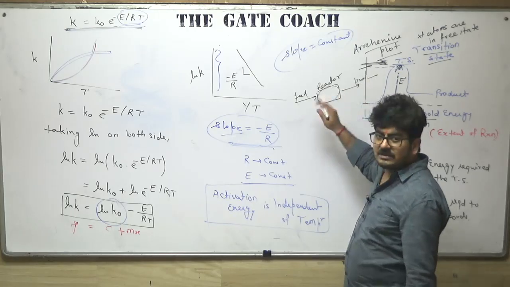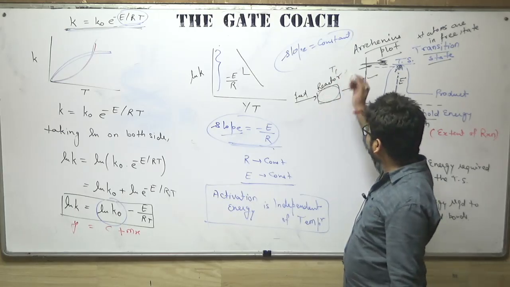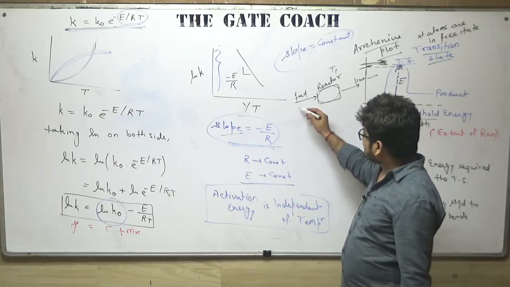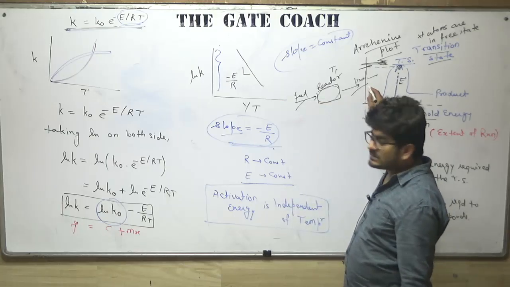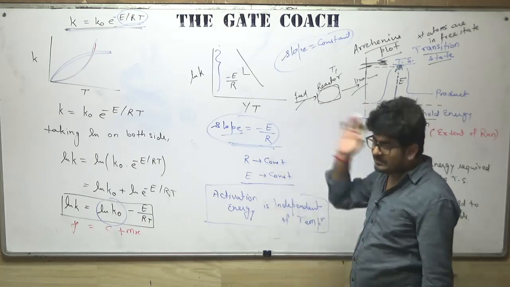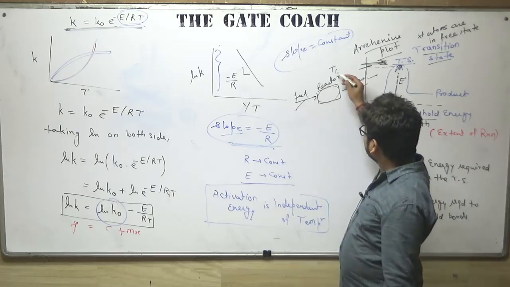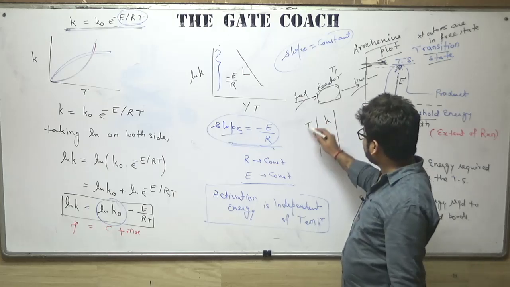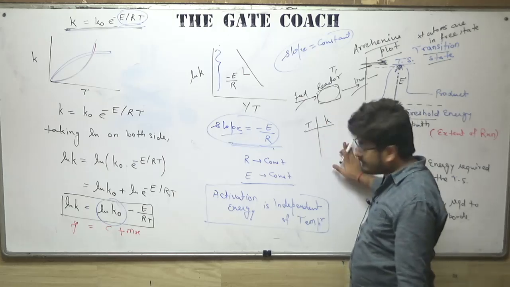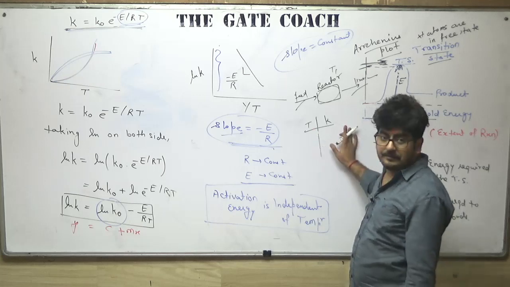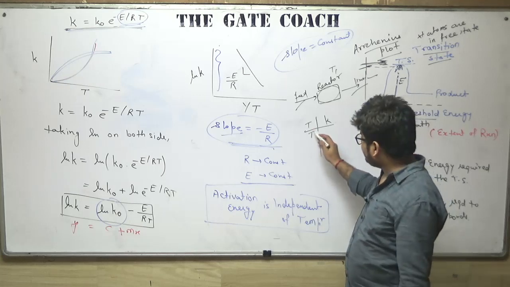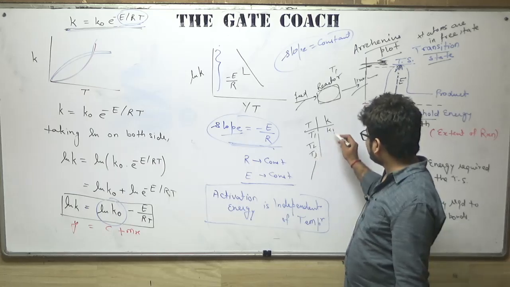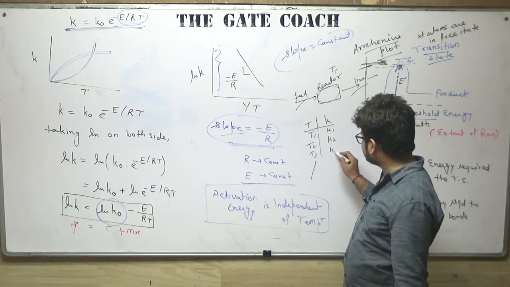Suppose this is an isothermal reactor operating at temperature T1. Okay, for the same feed, same product, same reaction time and everything, draw a table between T versus K. For different values of temperature, you will get different values of rate constants.